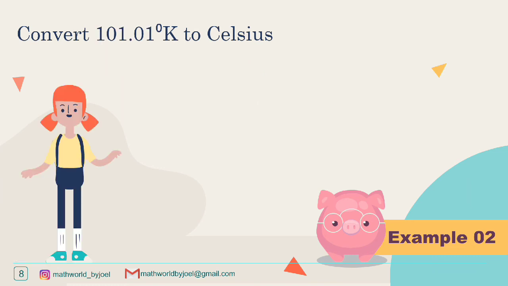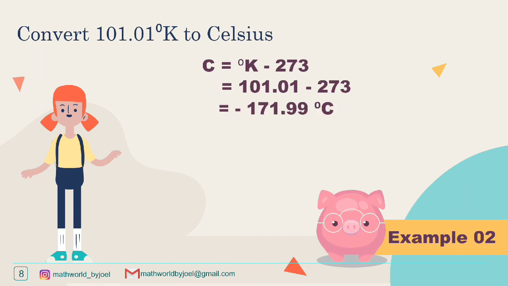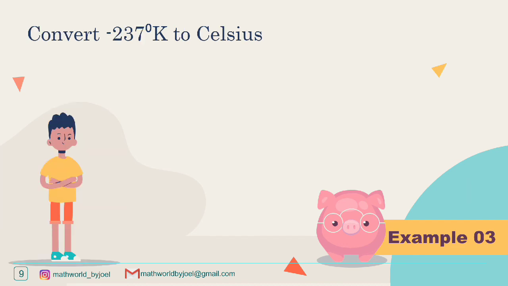So minus 363 degrees Celsius. Let's take another example. 101.01 degrees Kelvin to Celsius. Minus 273 is what you need to do, and plus and minus will become minus. Answer is 171.99, with the sign of the greater number, degrees Celsius.